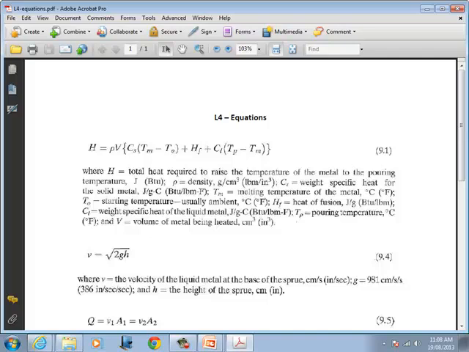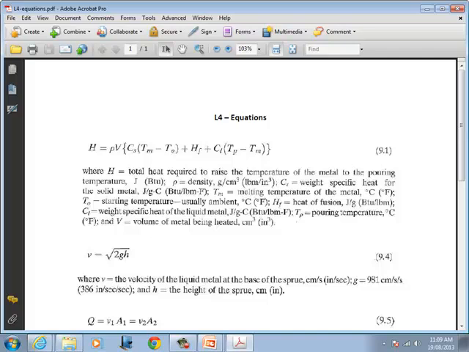And what we have got here is rho V, where rho is the density of the material, V is the volume which is to be filled in, and Tm stands for melting temperature, and T0 is the initial temperature which has been used, which is often the room temperature we consider as 25 degrees. And then we have got some specific heat energies.